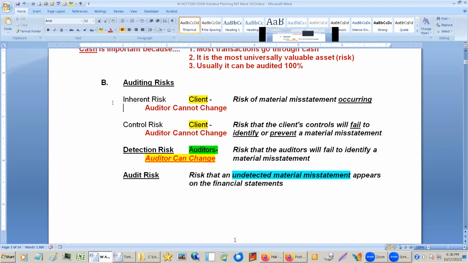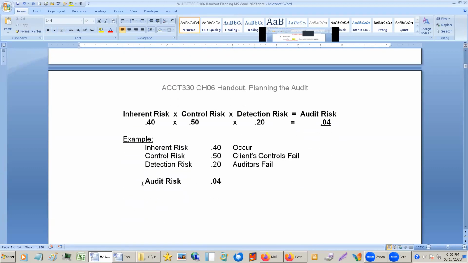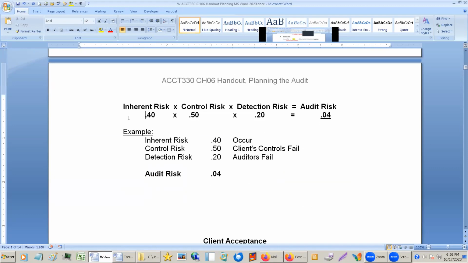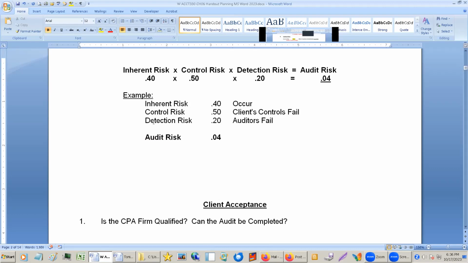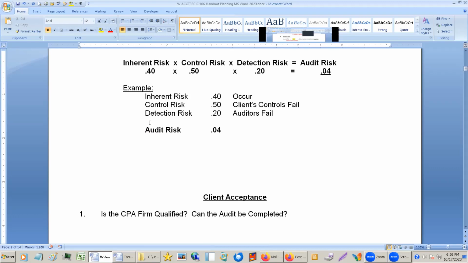By the way, if there is an intentional fraud, what happens to the inherent risk and the control risk? This is actually an important idea, and I'll tell you why in a second. So suppose that we have an intentional fraud. Management has cooked the books.